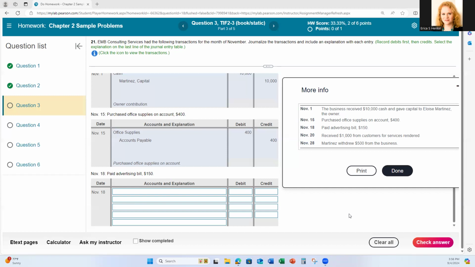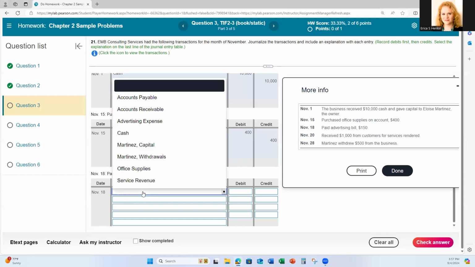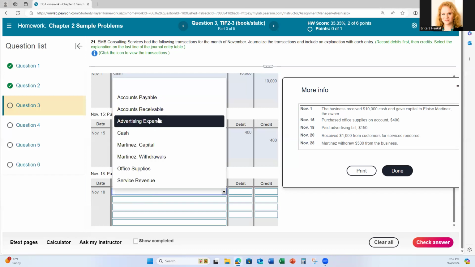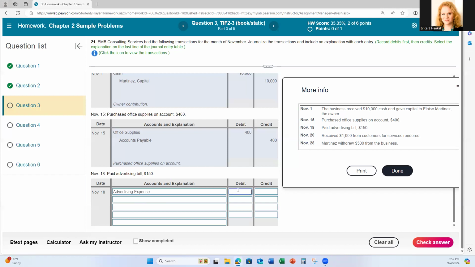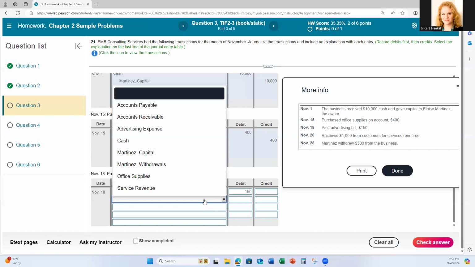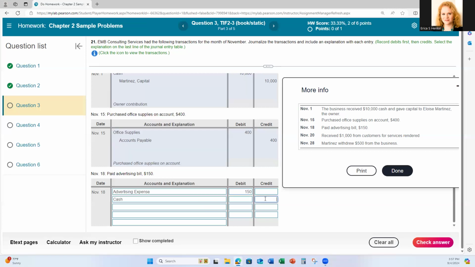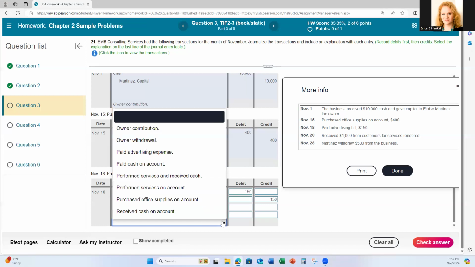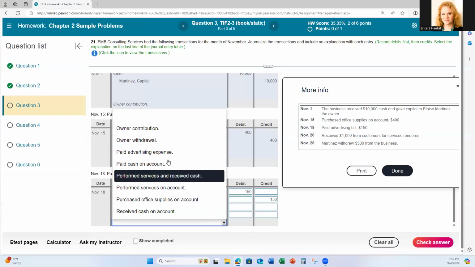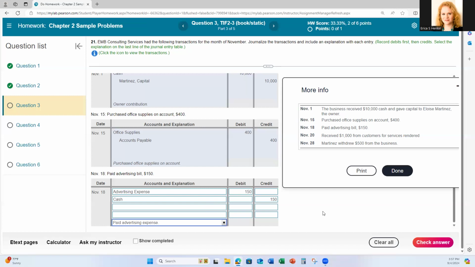They actually behave just like an asset account from a debit and a credit perspective. They increase through debiting and they decrease through crediting. So we're going to record our advertising expense here for the $150. And then we are going to credit our cash to show that we paid cash for that. And we're going to put our title down here, which is paid advertising expense.